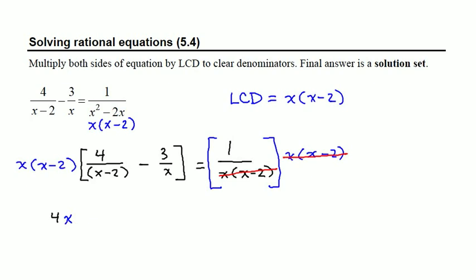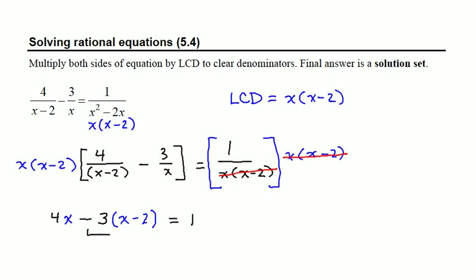In my second term, the factor of x is what cancels, and I have remaining 3 from the numerator and x minus 2 from the LCD. Over here on the right, as I mentioned already, all we have remaining is 1. So this is now an equation without denominators.